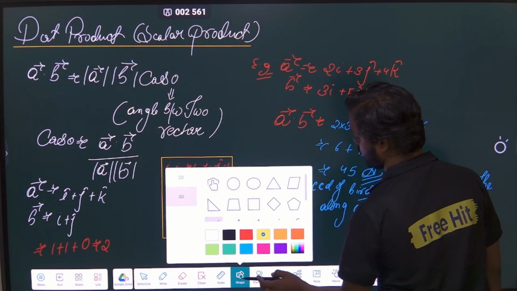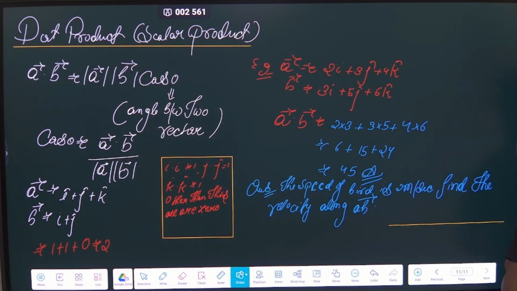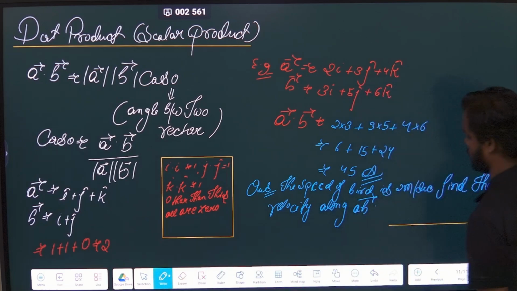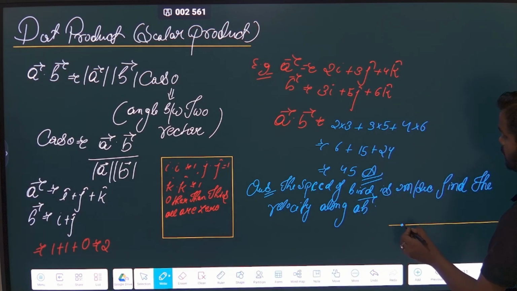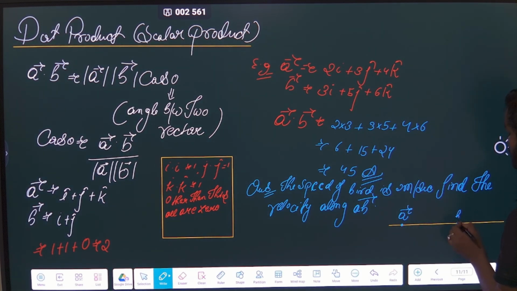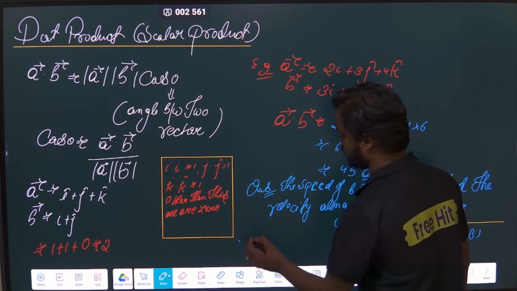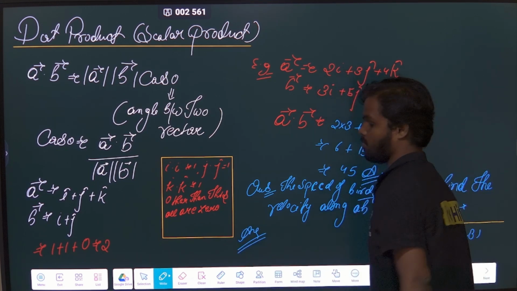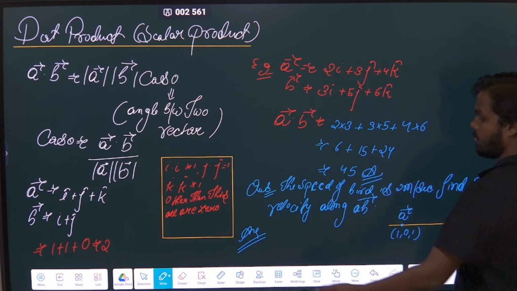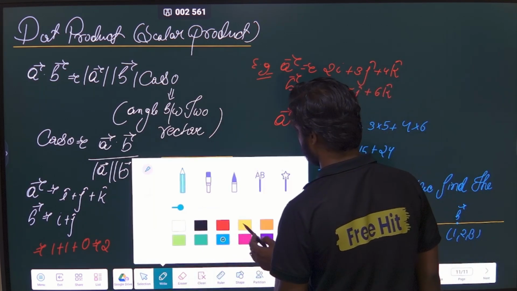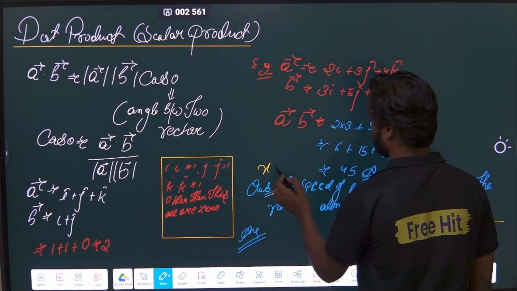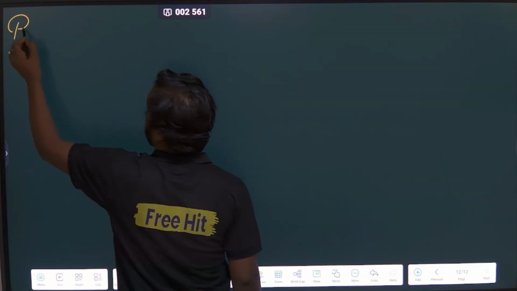Find the velocity along AB. So suppose this is my point A vector, and this is my point B vector. This is (1, 0, 1) and this is (1, 2, 3). Here you have to find this value. This is your homework. You have to solve and tell me the answer.